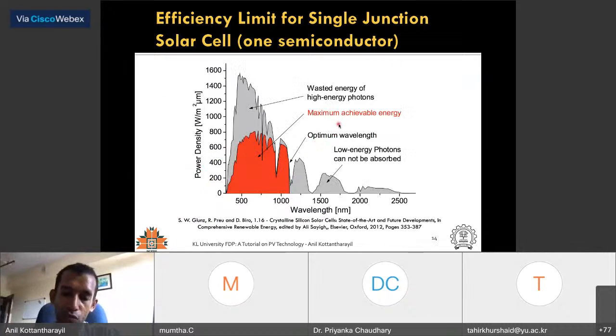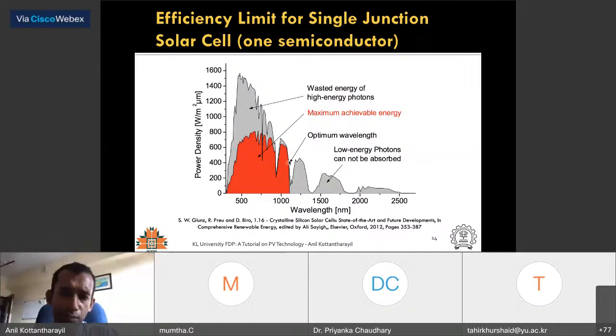For example, if you can see here, this is your solar spectrum AM 1.5G, right? And then if I take silicon, this is the maximum wavelength that silicon can absorb. So this part of the spectrum is lost. You can't absorb this light.